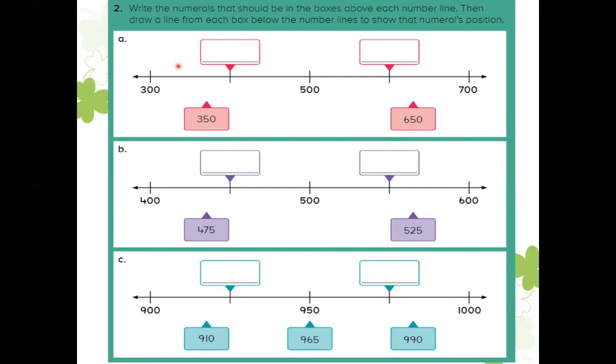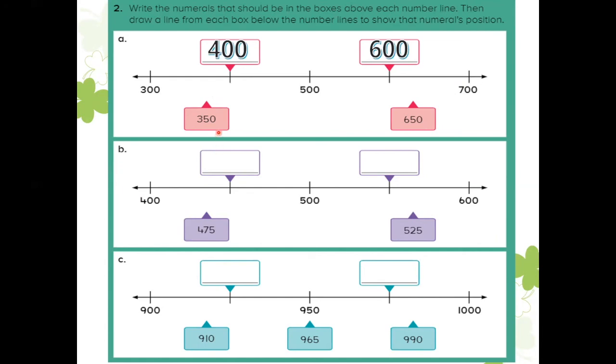What do you think is the missing number in between? We have 300, next 400, next 500, and what's here? It's 600 and 700. Now we have 2 missing numbers here.